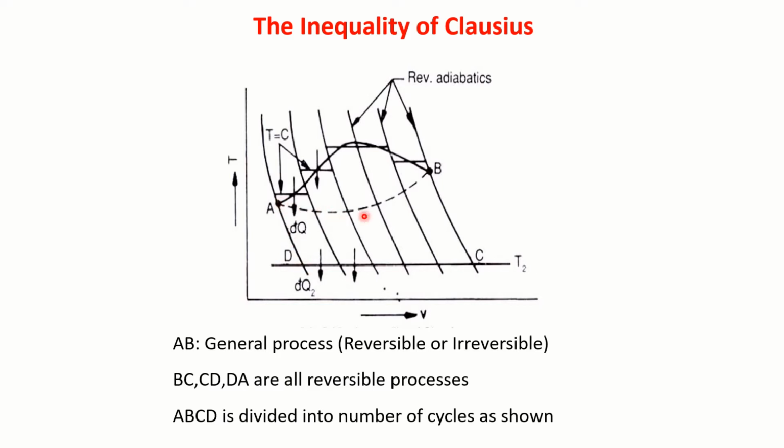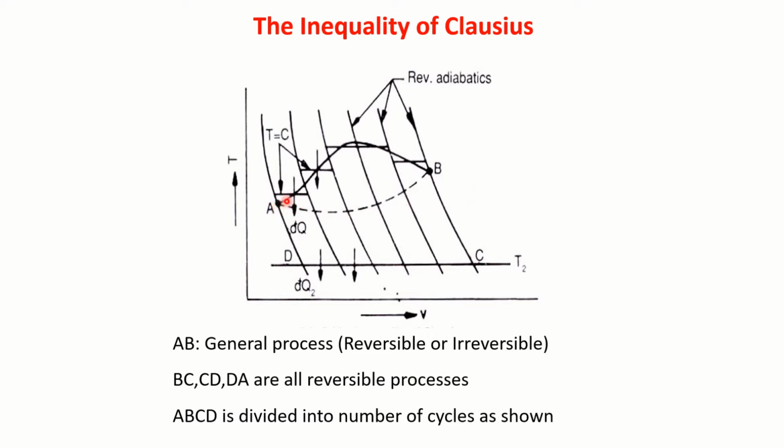Again, AB, BC, CD, DA. This is an irreversible cycle. You know that an irreversible process cannot be represented by a solid line like that because it will not have thermodynamic equilibrium states.